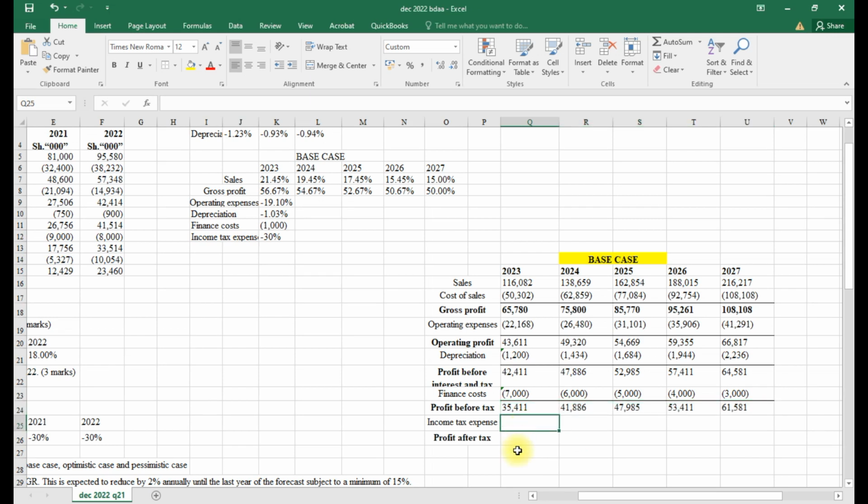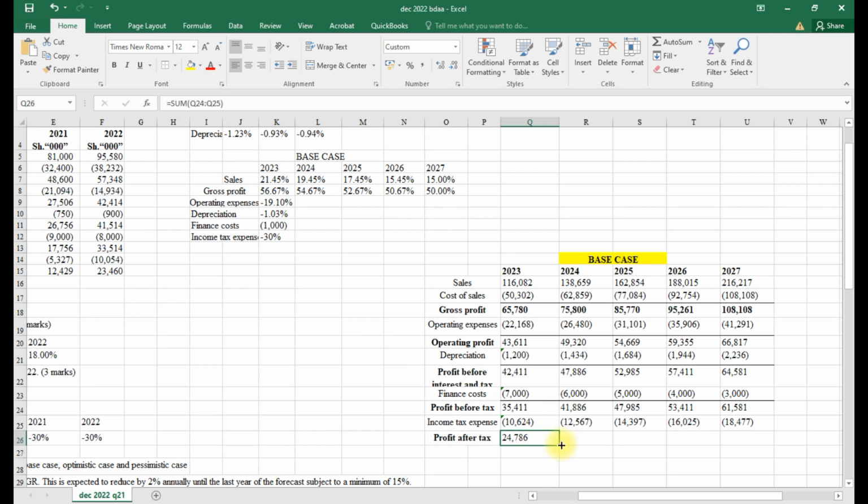Then income tax at 30%. It is 30% of the profit before tax. So multiply by this, and I will fully lock this 30% by F4, and I will drag this that way. And the profit after tax, alt equals, profit before tax, you minus the tax expense.